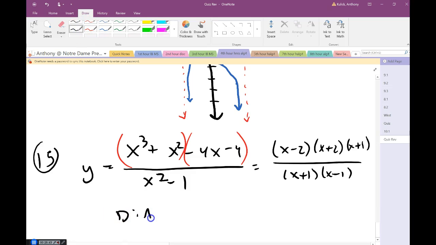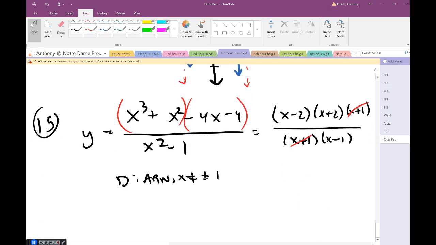So my domain is all real numbers except for plus or minus 1. My discontinuities, well, I notice that I can do a reducing here. So I have a removable discontinuity at x equals negative 1. And when I plug negative 1 back in up here, I have negative 3 times 1 over negative 2.